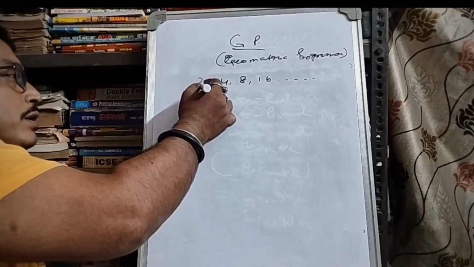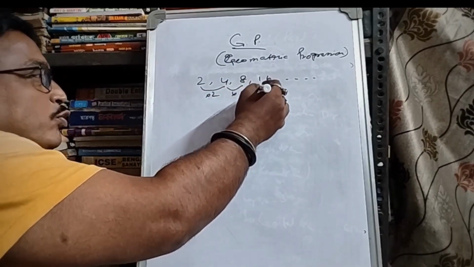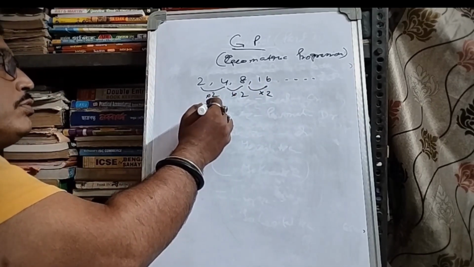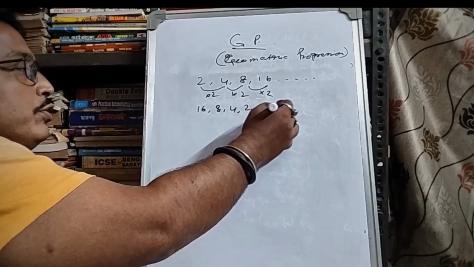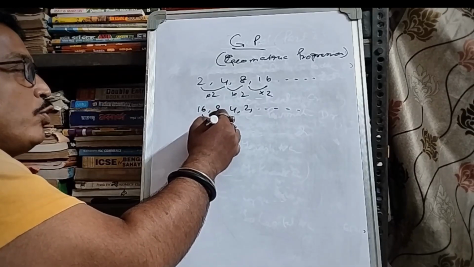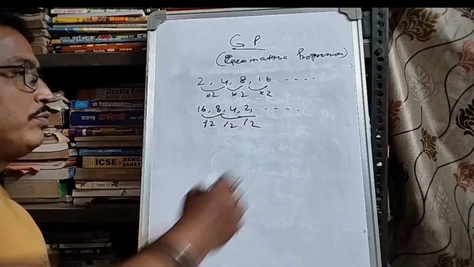Look here, each and every number is multiplied by 2. It may be in reverse order also: 16, 8, 4, 2, dot, dot, dot, divided by 2, divided by 2, divided by 2.